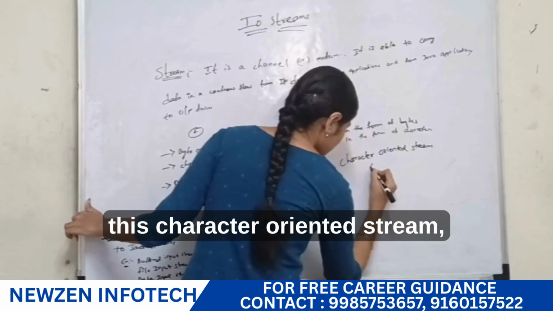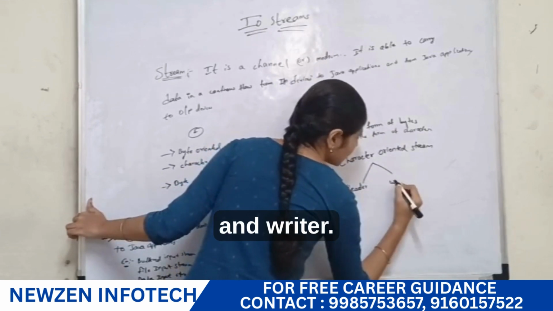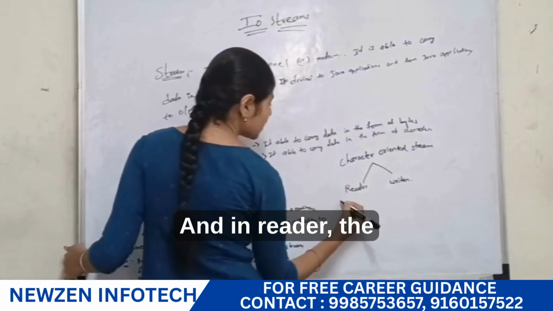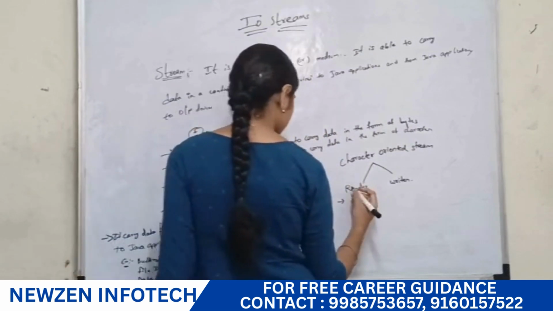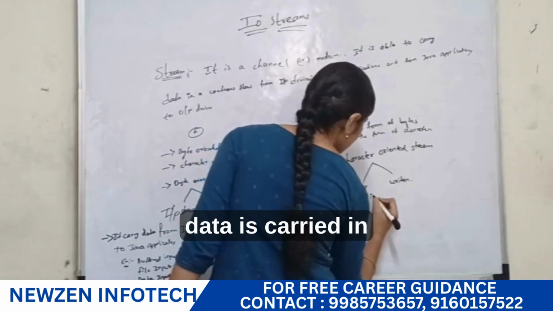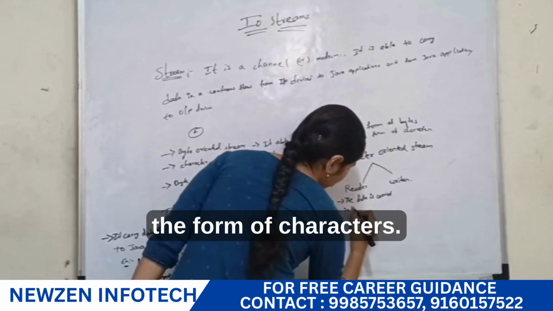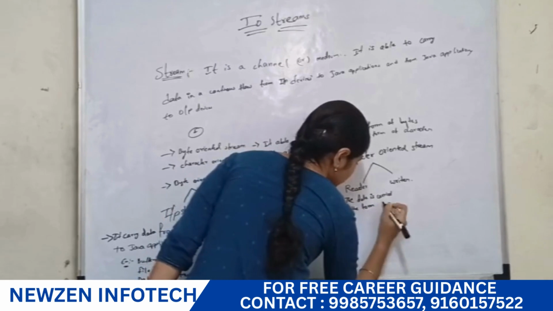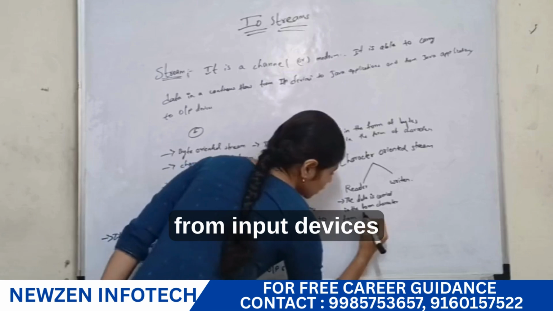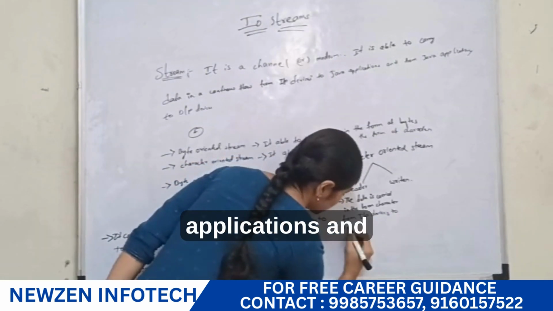In this character oriented stream, we have two types, that is reader and writer. In reader, the data is carried in the form of characters from input devices to Java applications.